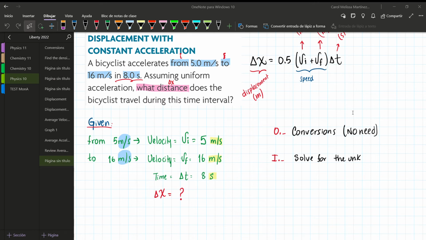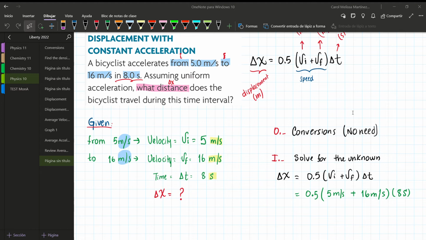You write the formula. Displacement equals 0.5 times the velocities, multiplying the time. Now all I do is substitution of my givens. Initial velocity, that is 5 meters per second, plus final velocity, that is 16 meters per second, multiplying the time, that is 8 seconds.